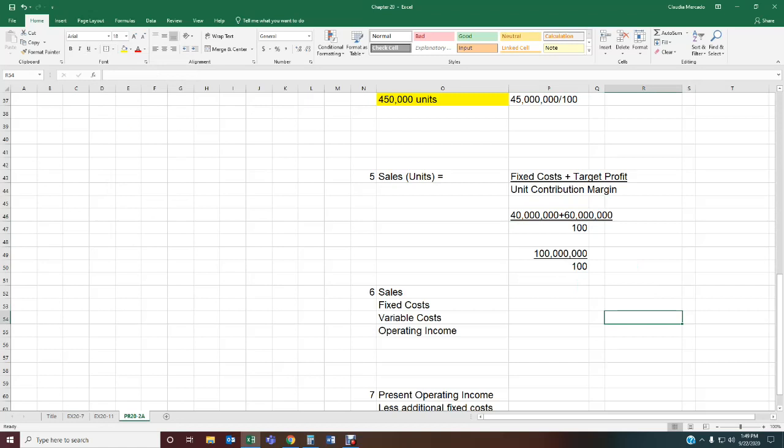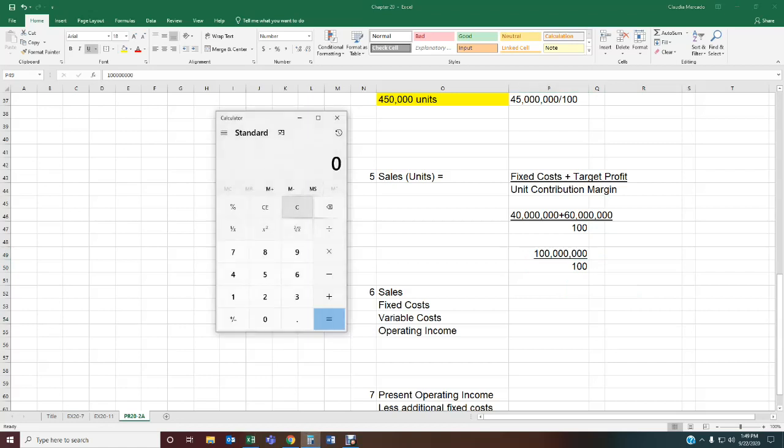So my fixed cost plus my target profit divided by my unit contribution margin. Let's see what we get. 100 million divided by 100. We get 1,000,000 units.